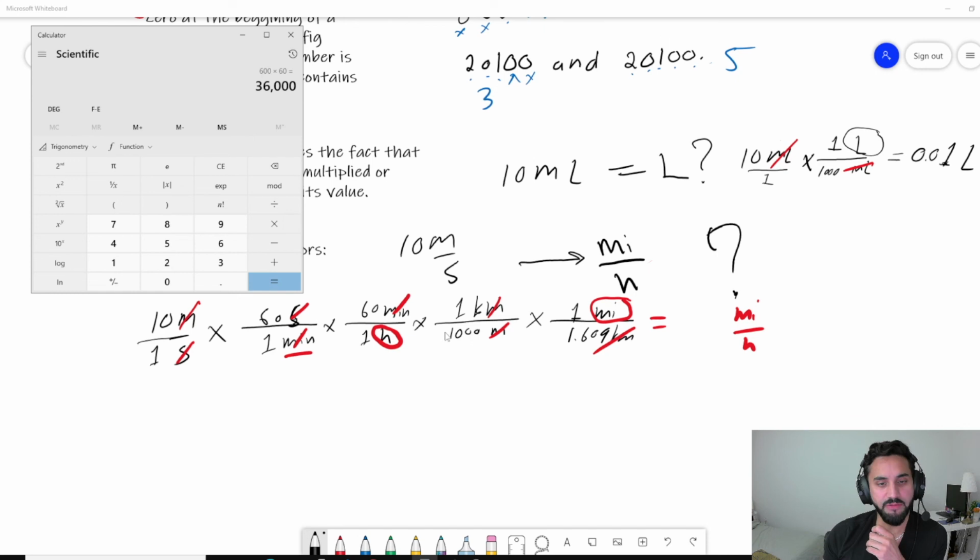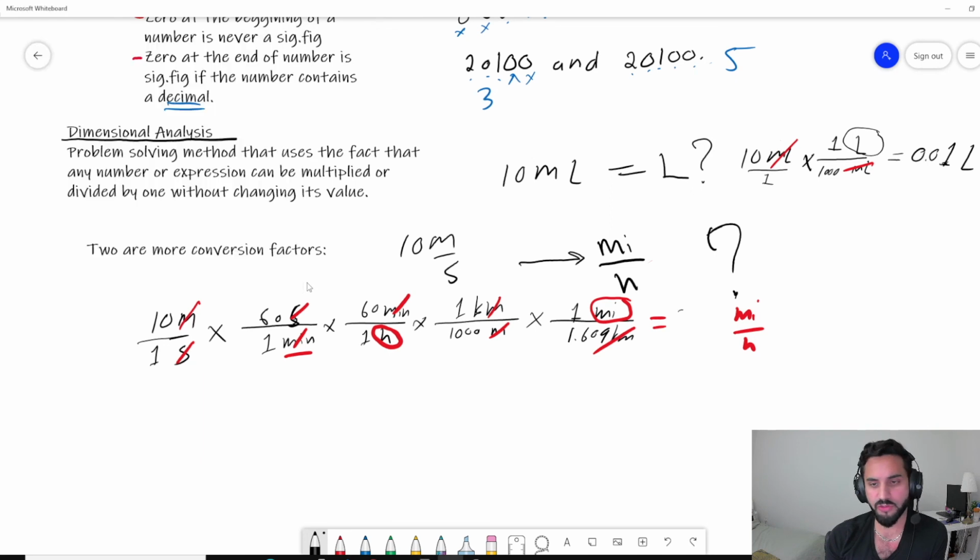I go ahead and divide that by 1,000. And then divide that number by 1.609. And we get 22 point dot dot dot. Here we want to keep it to two significant figures, two sig figs. So 22 is a good answer, miles per hour.